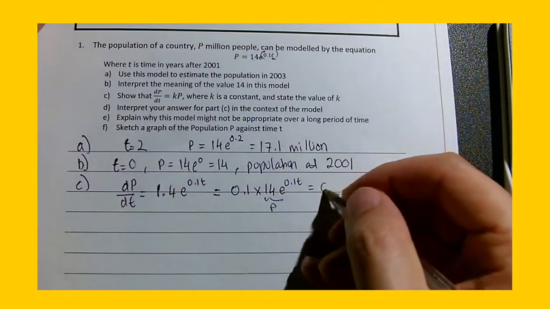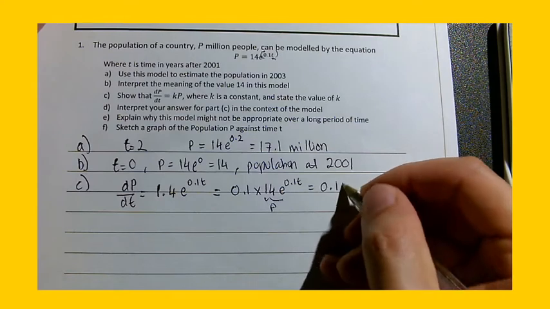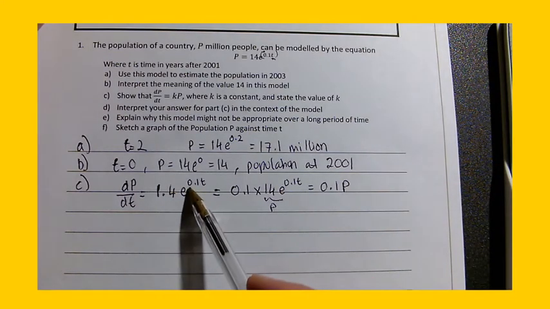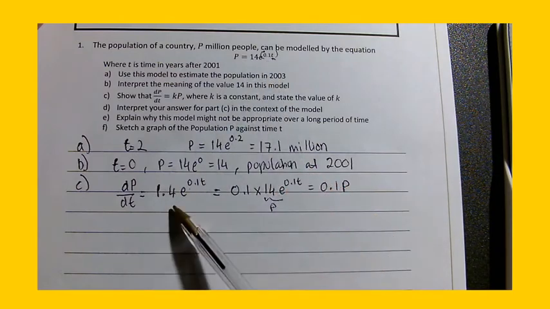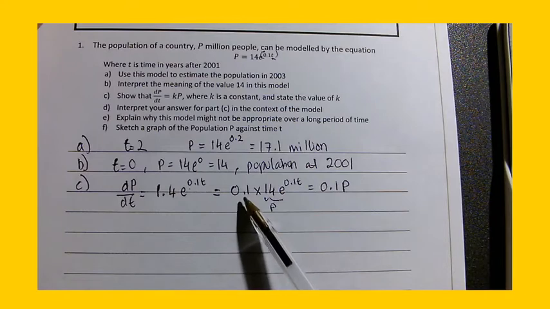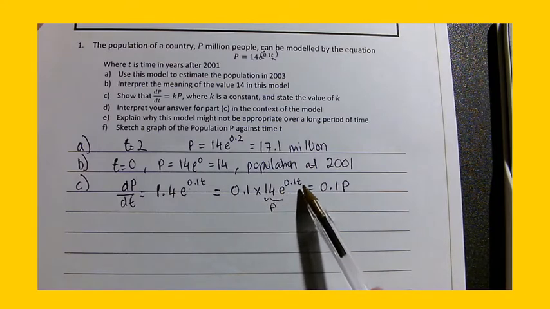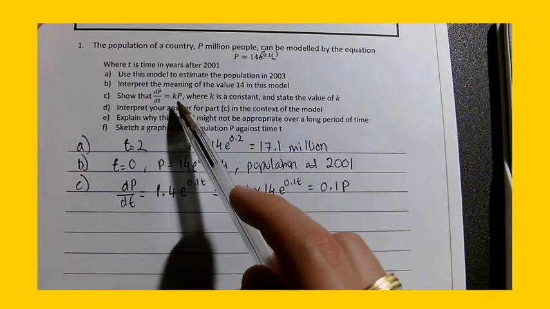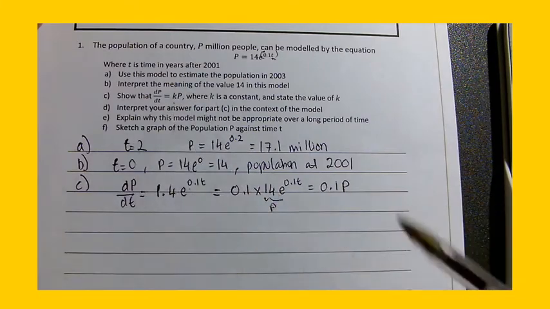So actually this expression could be rearranged as 0.1P. Okay, so let's just recap. You differentiate this equation, you get 1.4e to the 0.1t. If I break that down, I'll go 0.1 times 14e to the 0.1t. This is all P, so it's 0.1 times P, and k is 0.1.